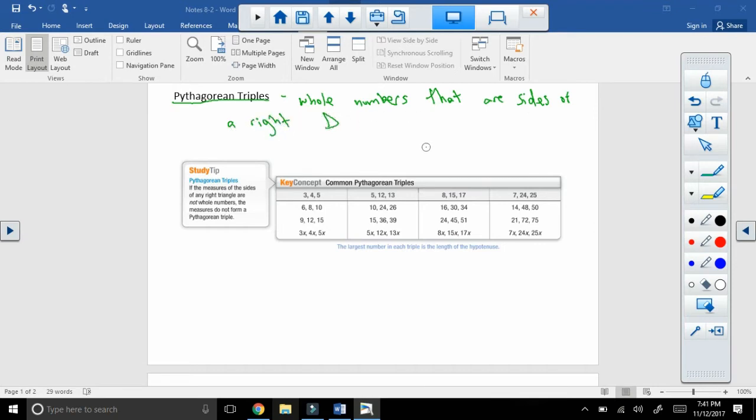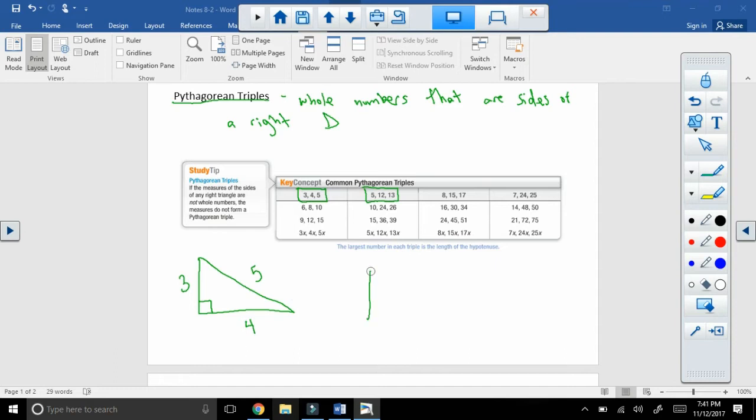It's when all of the sides of a right triangle are whole numbers and you don't have to deal with any radicals. You'll like these because then you just get an exact answer and you don't have to worry about simplifying. Some really common sets of Pythagorean triples are 3, 4, and 5, and 5, 12, and 13. So you'd have a right triangle with sides 3, 4, and 5. And hopefully it's obvious, but that biggest number will have to be your longest side.